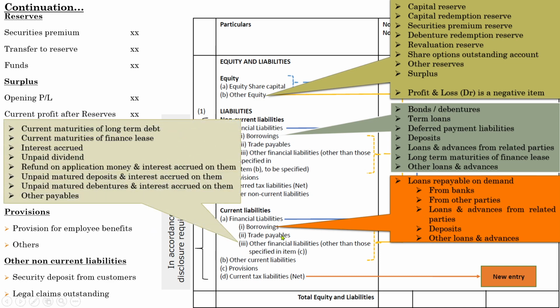After that, trade payables. Those items that are expected to be settled within a period of 12 months come under trade payables.